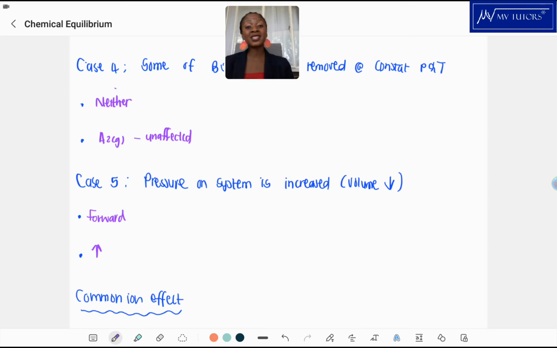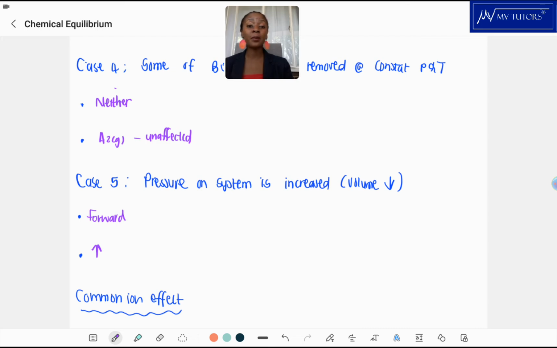You would say Le Chatelier says pressure is increased, the volume will be decreased, and that is the change, that is the disturbance. So Le Chatelier says I will have to favor the side with the least amount of moles. Is it the reactant side or the product side? Then you do exactly that.